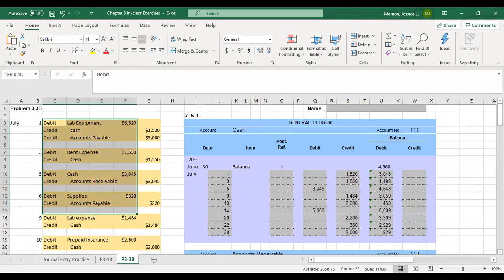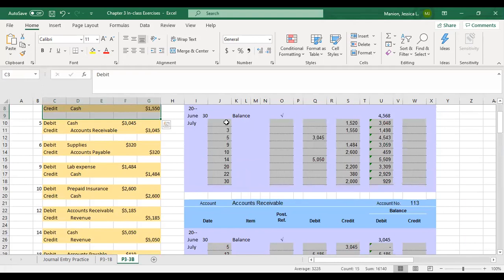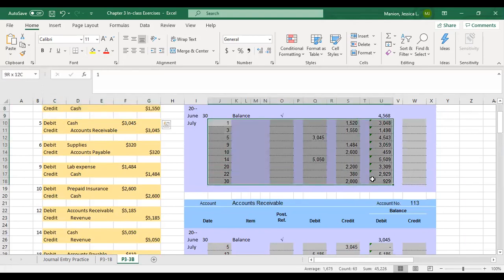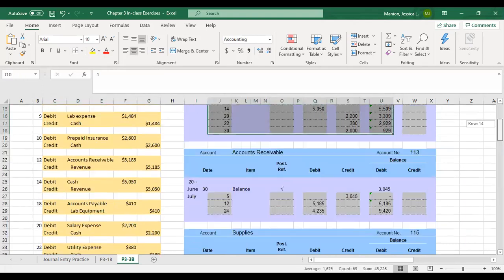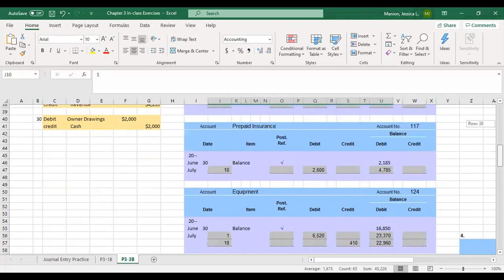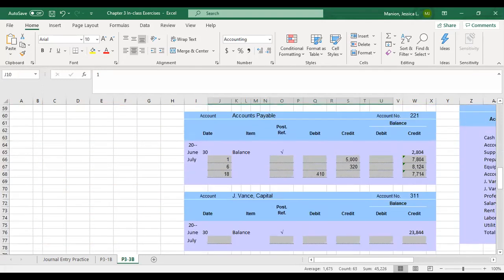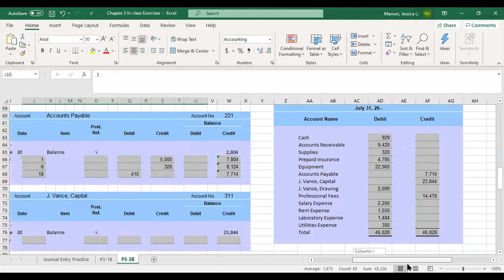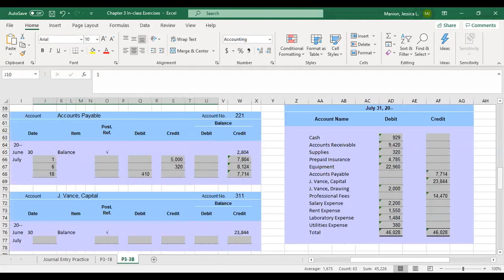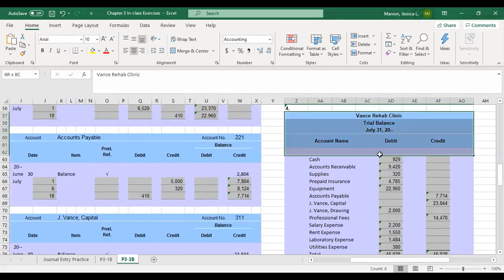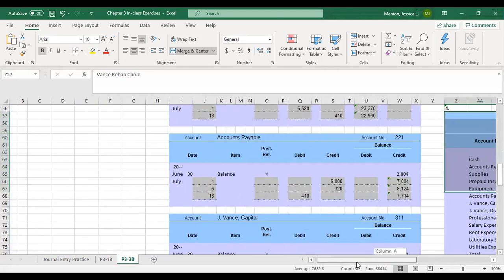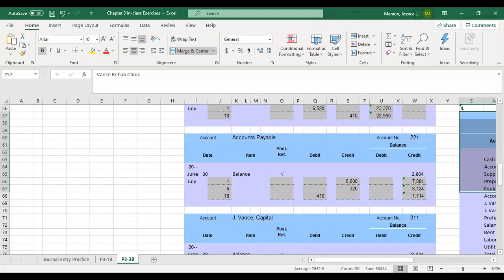Once we did all the journal entries, we posted all the transactions into the accounts. Once we got all the transactions posted and the balances updated, we prepared the trial balance. That's what we prepared here. This is what you had to do for your Chapter 3 homework.